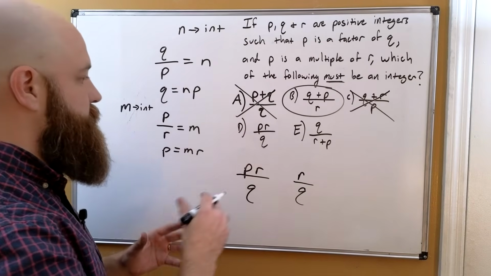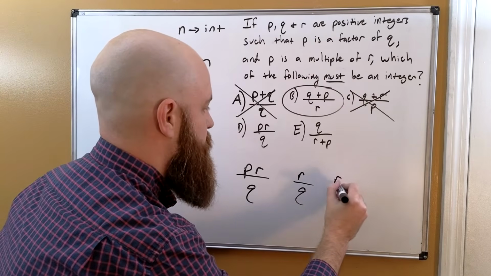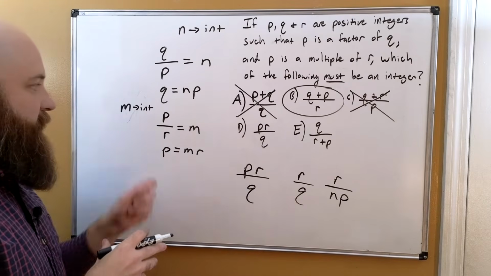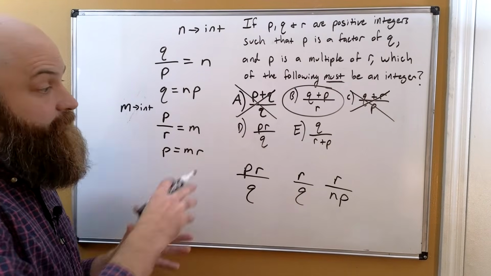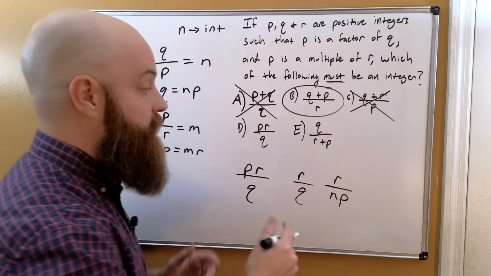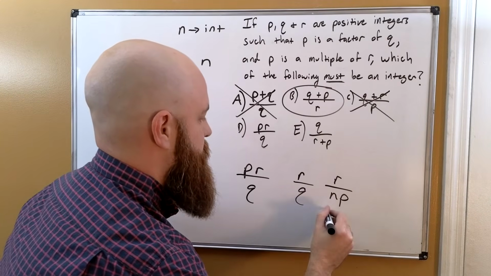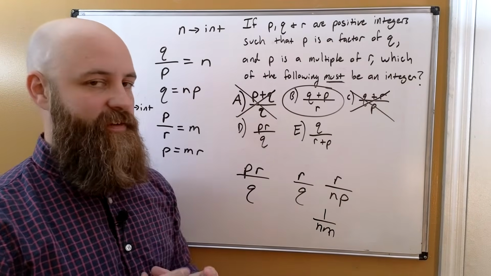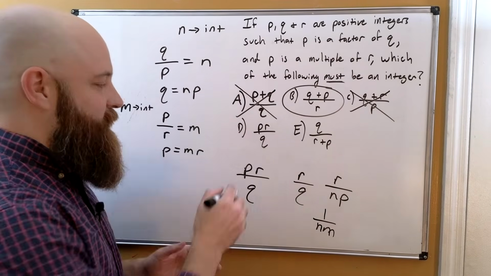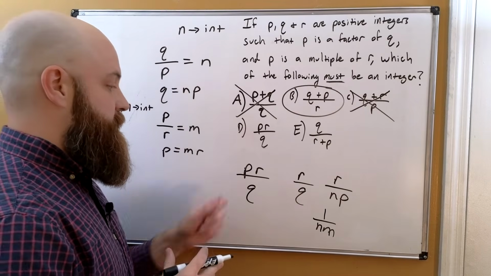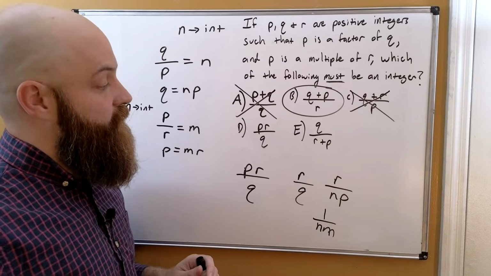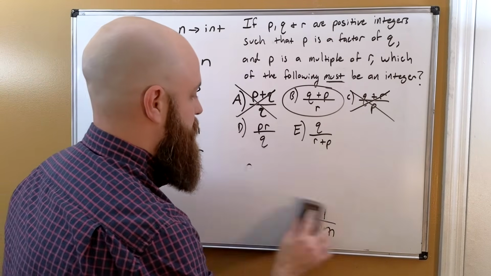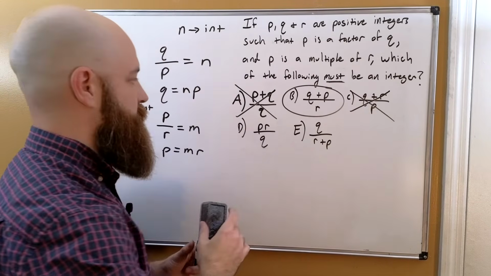So Q is equal to N times P, okay, R over NP, and I know that P over R is equal to M, so R over P is equal to 1 over M, so this is 1 over NM, and that's not necessarily an integer. Okay, so Q does not have to go into P, Q does not have to go into R, neither of those has to give an integer, so this does not have to give an integer, so D can be eliminated.